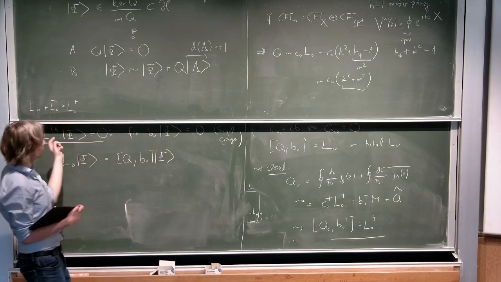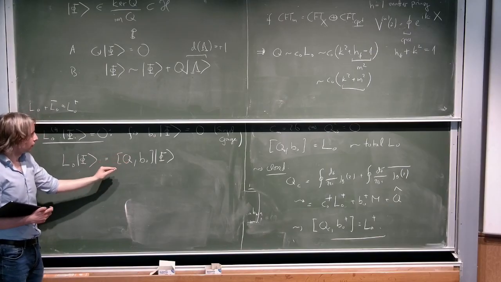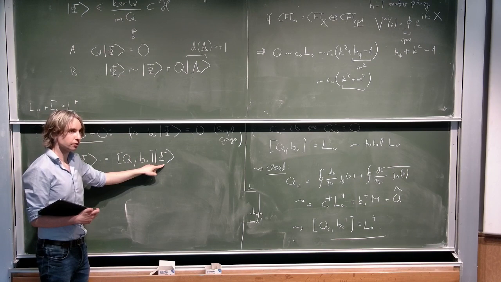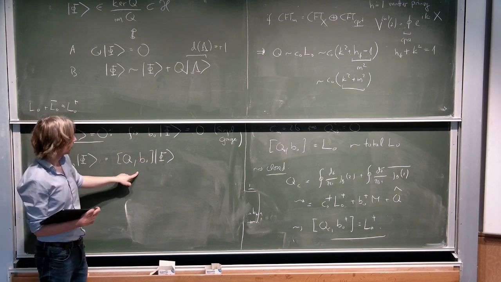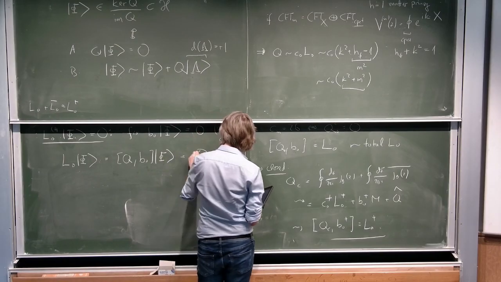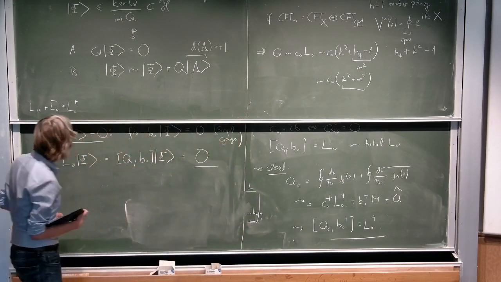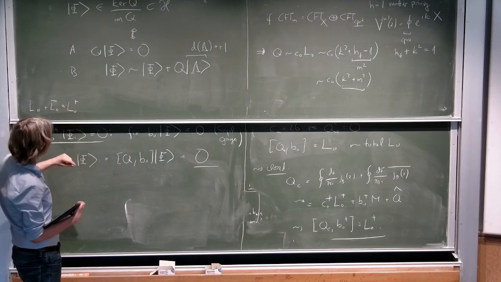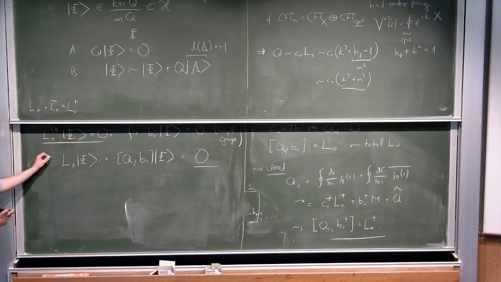Then one side of this anticommutator will kill phi because phi is in the cohomology, it's Q closed, and the other side will kill it because it's in Siegel gauge. So this is a way of seeing that we can always find a representative of the cohomology which is in the kernel of L0, which has total Virasoro dimension 0.